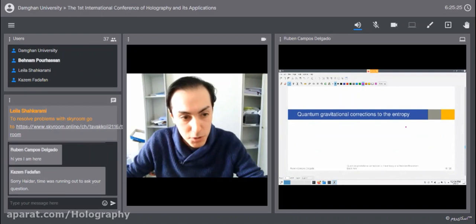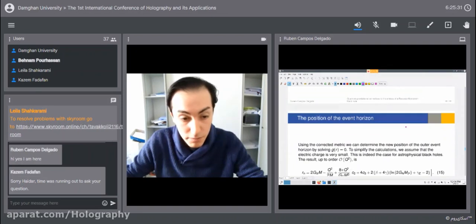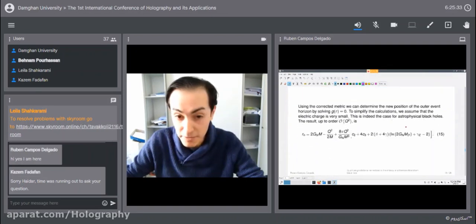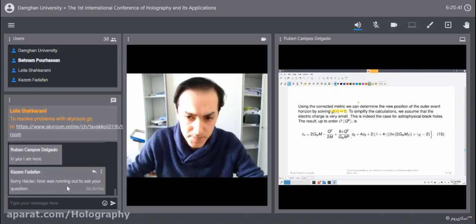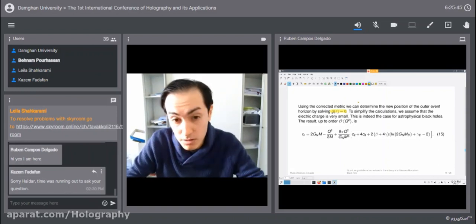Okay, so now we are ready to move to the correction to the entropy itself. Now, if we use the corrected metric, then we can determine the new position of the event horizon by solving the equation g(r) equal to 0. We recall that for a classical RN black hole there are two horizons, but only the outer one is used to compute the entropy.